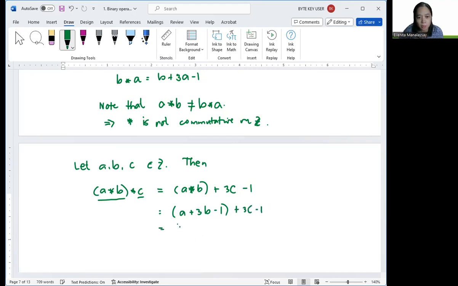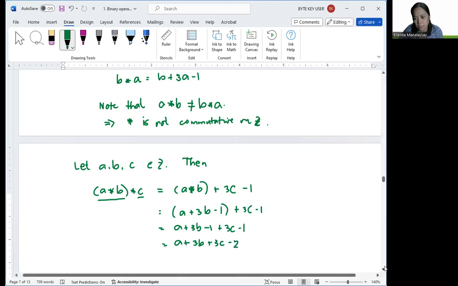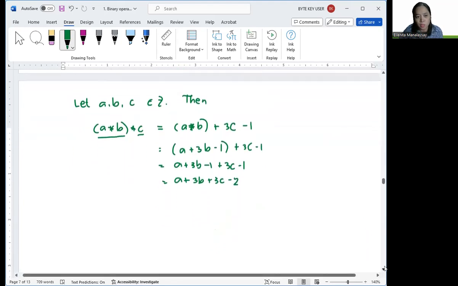So this is equal to A plus 3b minus 1 plus 3c minus 1. So this is A plus 3b plus 3c minus 2.